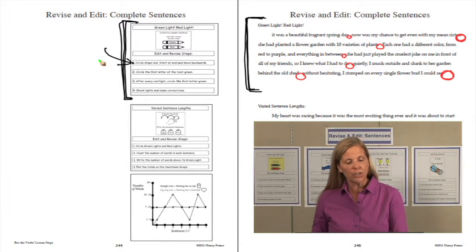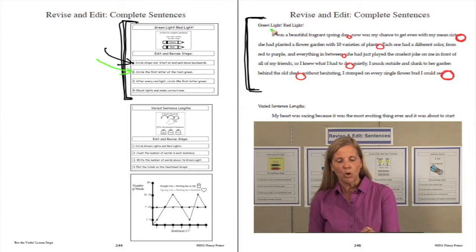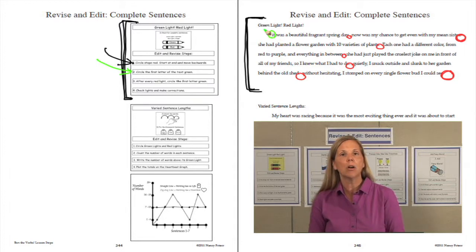We started from the end, put a circle, went backwards, and put our red circles every time we came to a stop. We'll go to step 2 and we'll circle the first letter of the text green, because we know when we first start writing, it needs to start with a capital. Now go to step 3: after every red light, circle the first letter green.